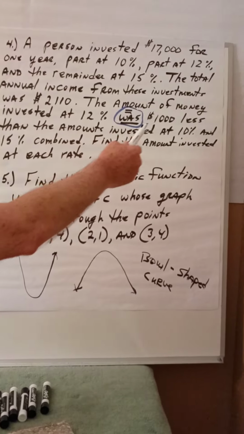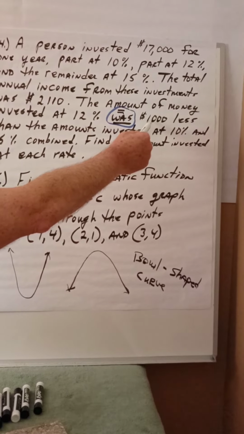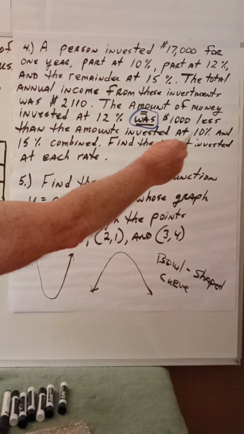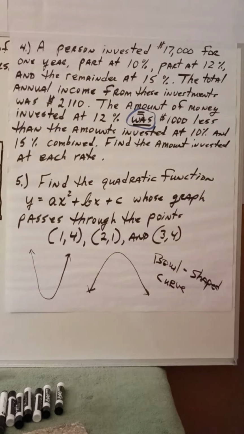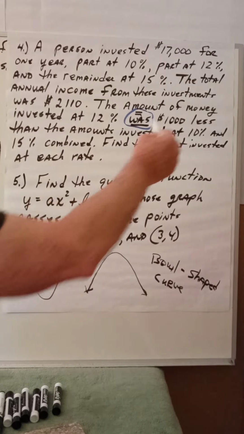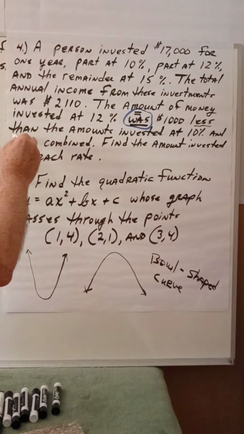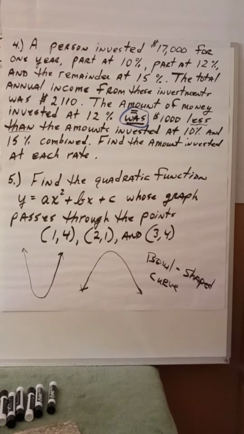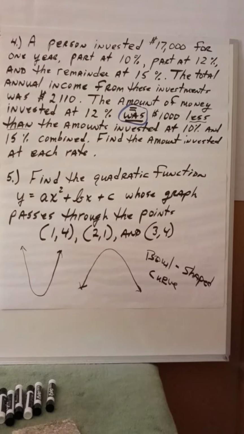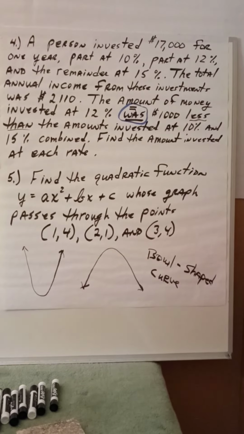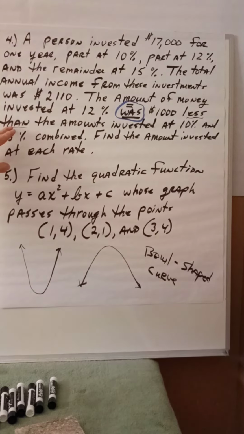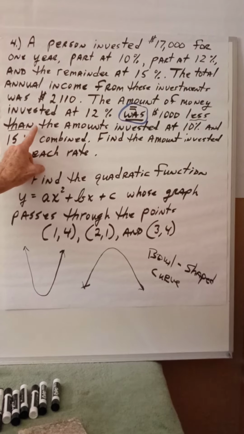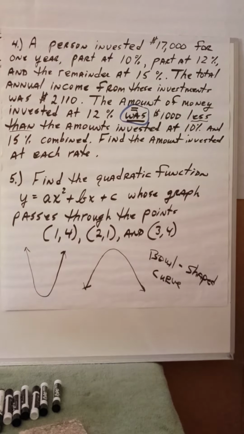Now we're going to have to translate: 1,000 less than the amounts invested at 10% and 15% combined. You see the words less than. That's important because it demands a particular order when we translate. You can't just write the 1,000 first. You can't, because it says less than. And less than means whatever comes after less than must be translated first.